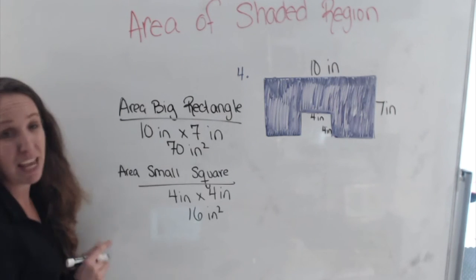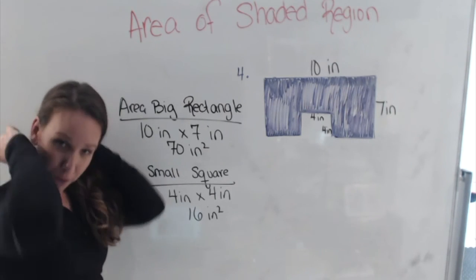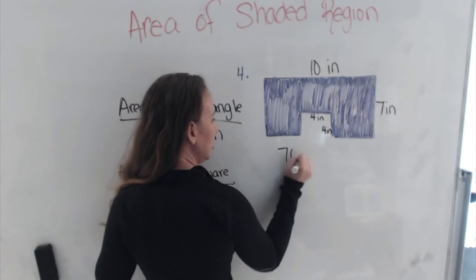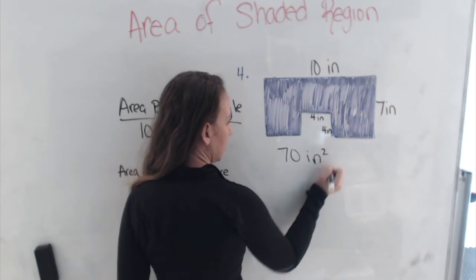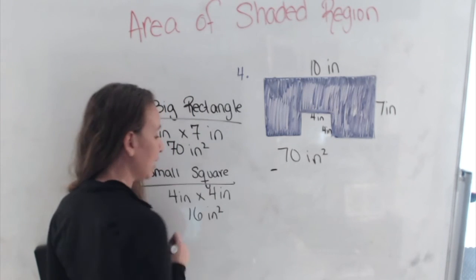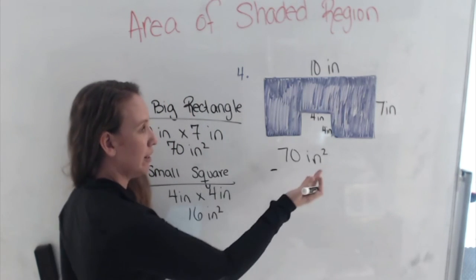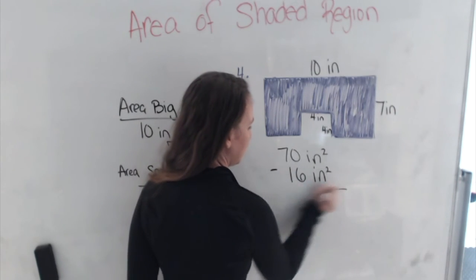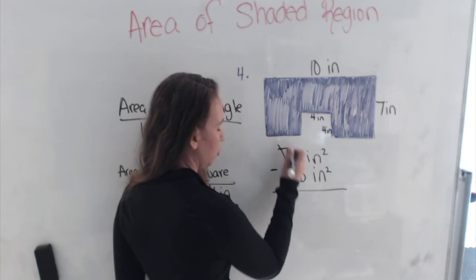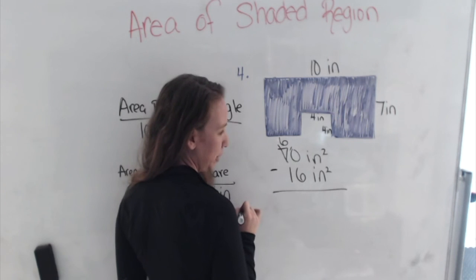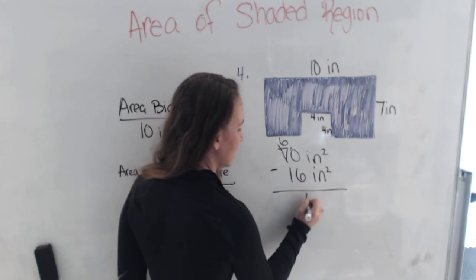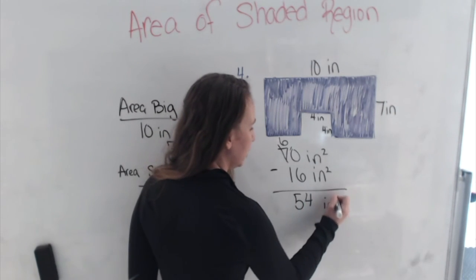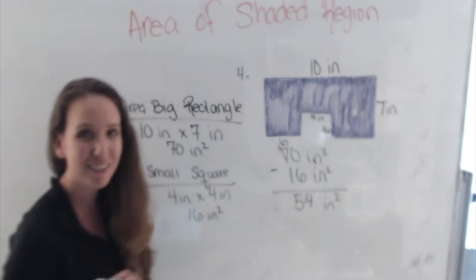So if I'm finding the total area of the shaded region, I'm going to take the big rectangle, and I'm going to subtract from that the part that I'm taking out, the 16, the small square. And that gives me, I need to regroup. So 10 minus 6 is 4, 6 minus 1 is 5, so 54 inches squared.